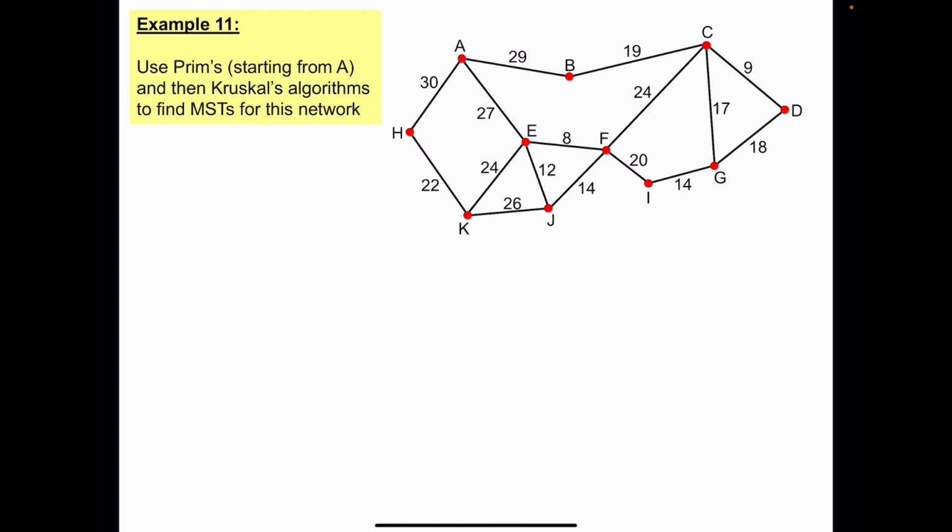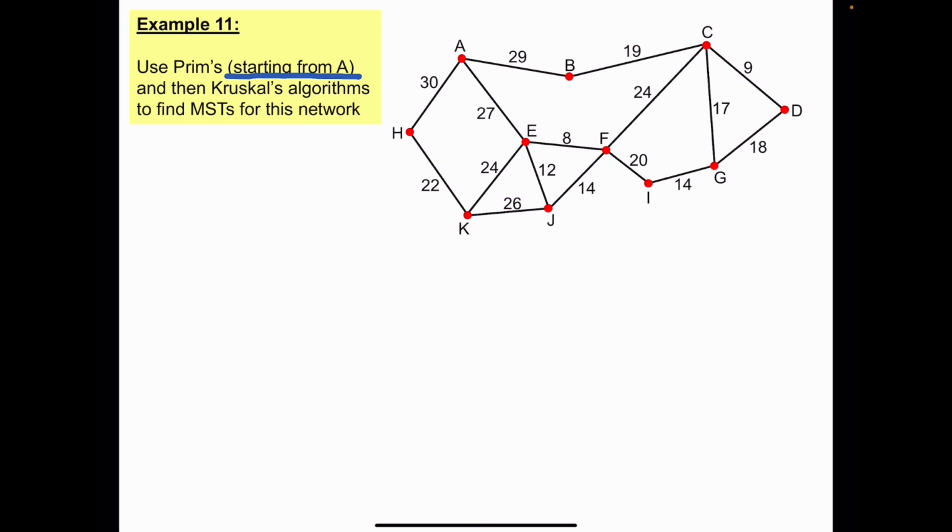On this network, in example 11, starting with Prim's algorithm, they ask us to start from vertex A. If you want, again, you can pause the video and compare your answers later, or you can follow along if you feel unsure.